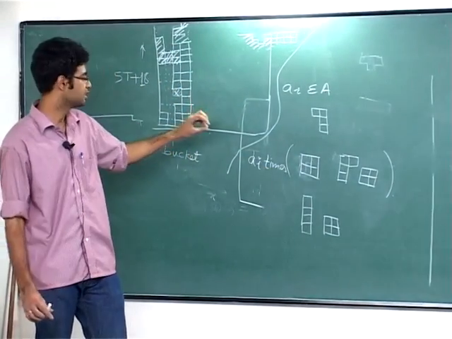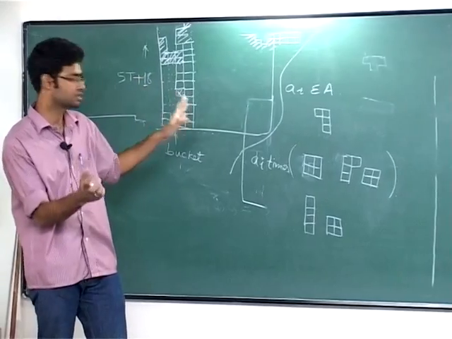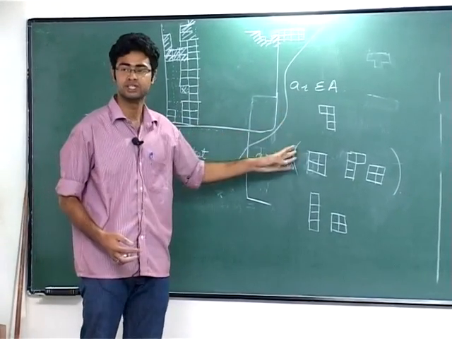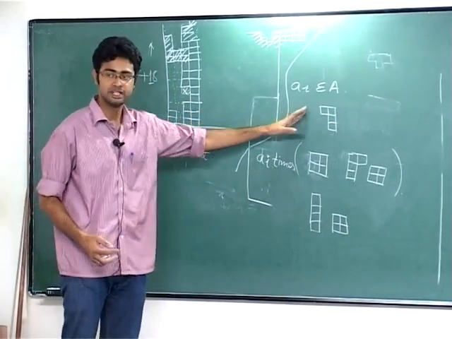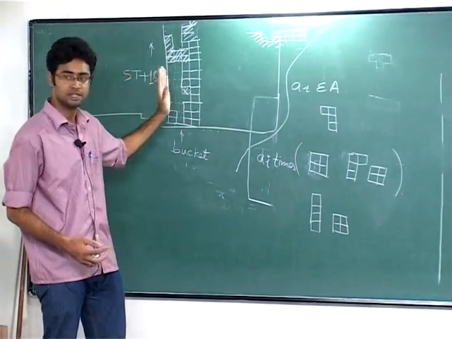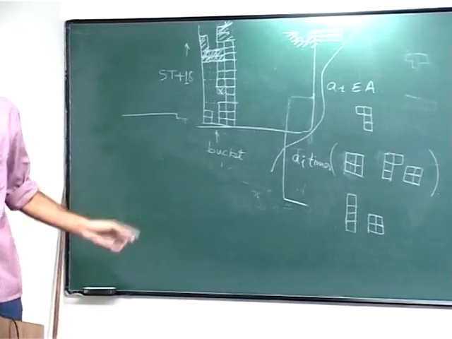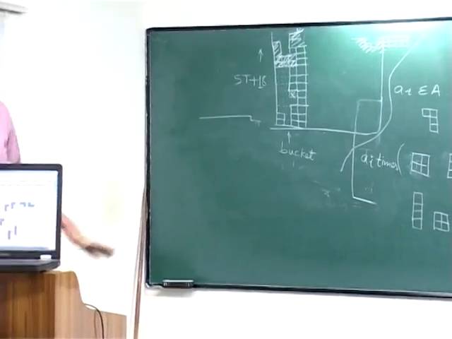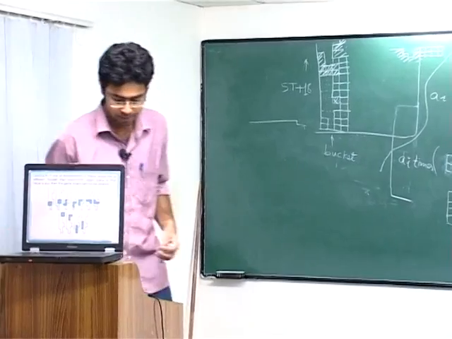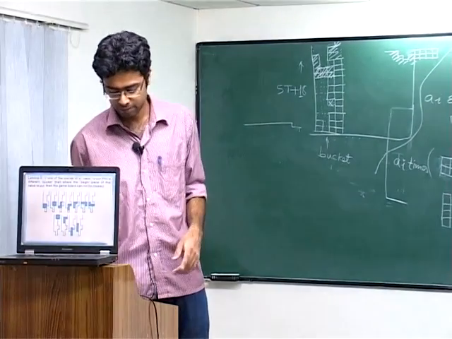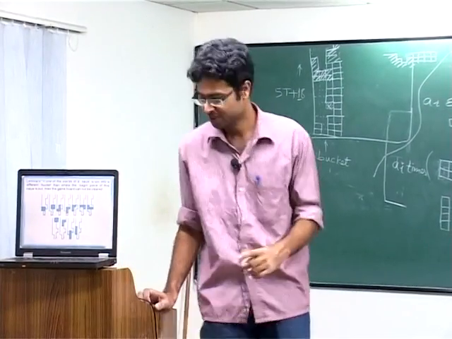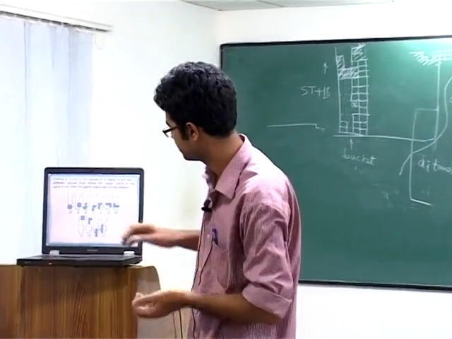The claim is this: if it was possible, then you have to place the whole of this sequence for each a_i. I mean, for a given a_i, you have to place it in a single bucket, where you place the begin piece. So if you place the begin piece in some bucket, then you have to place the rest of the pieces in that bucket only. You can't do otherwise because you would be leaving empty spaces. This shows all the configurations.